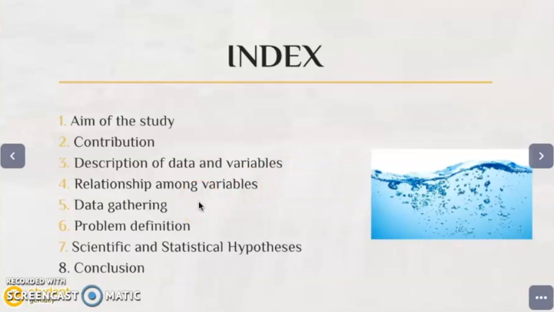After that, we're going to see the data gathering process and then the problem definition that this data is going to address. After that, we'll see the main decision for this data, meaning the scientific hypothesis and the statistical hypothesis. There were built 3 scientific and 5 statistical hypotheses, and finally some conclusions.